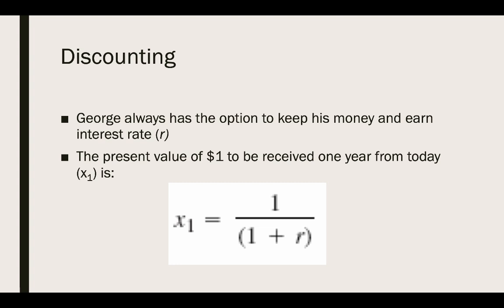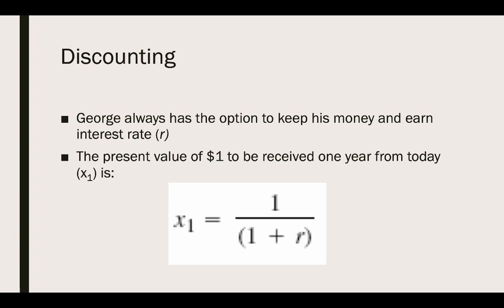We have money out there that is earning interest. We're not doing anything with it. We're not spending it. We're earning interest. So we have the option to spend it, or we have the option to earn an interest rate on it. So which one do we do? That's what the cost benefit analysis and this discounting really gets to: which option do we pick? Do I spend it, or do I save it?